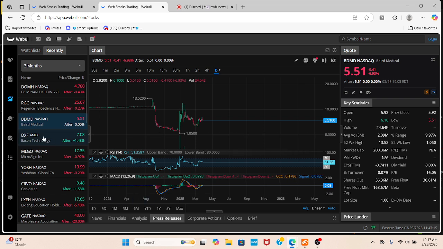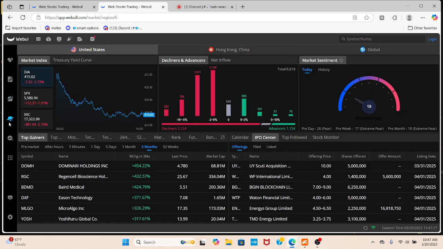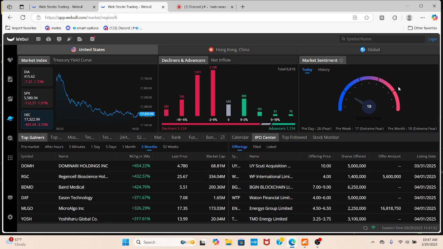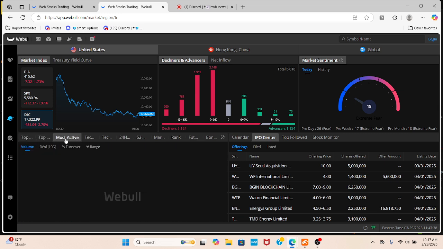But in this lesson, if you're newer to the markets and you've seen this one and the last one, you should now have a general understanding of how to decipher your home page and what all the different things mean between your Dows and Nasdaqs and so forth. Between the decliners and advancers, you should understand that flow, and the fear and greed sentiment. If you've seen the last video, you should understand the movers, the top gainers and most actives.